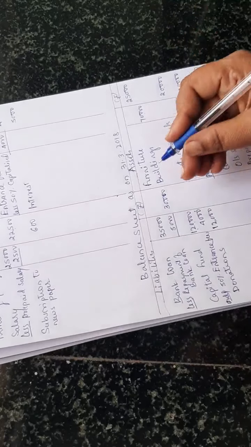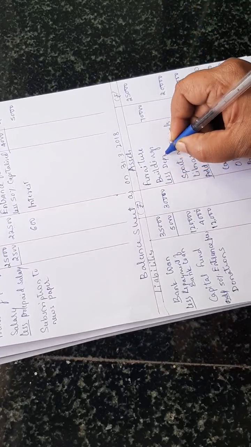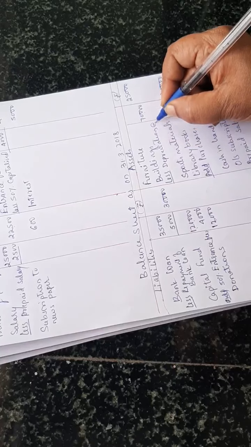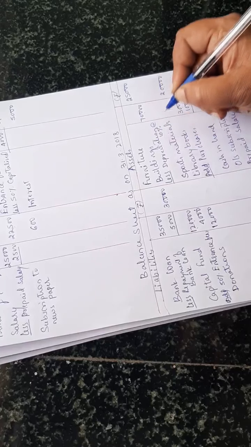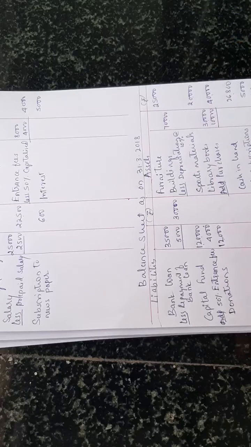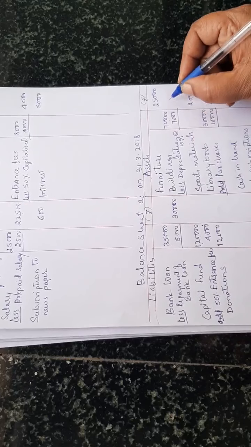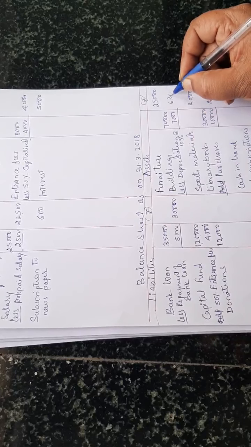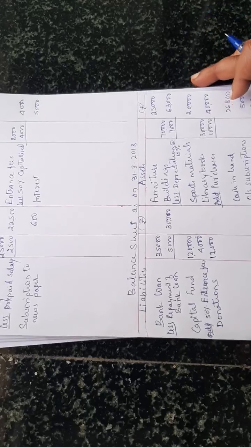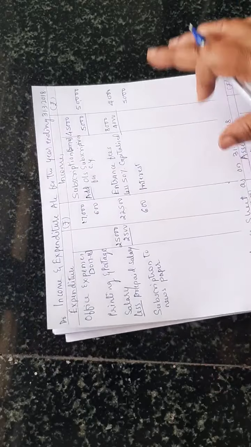Okay, less depreciation at 10%. So 10% of 70,000, how much? 7,000. Less 7,000 gives 63,000. Yes, and once we have shown here, second time where to show, expenditure.